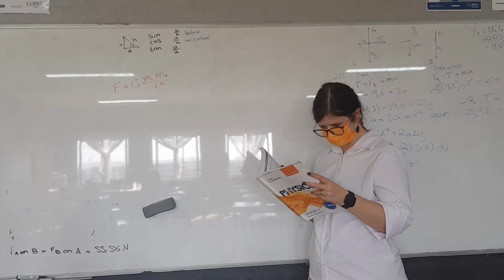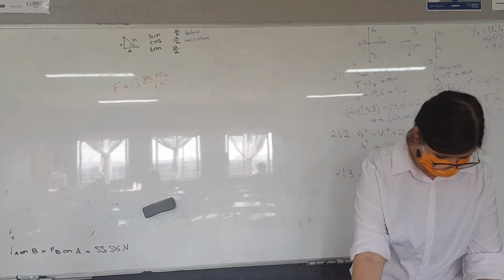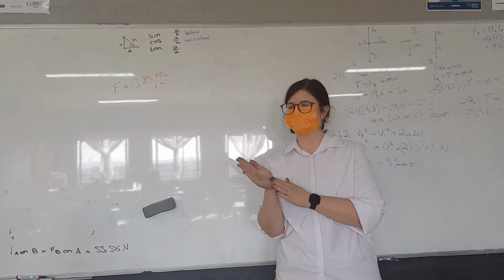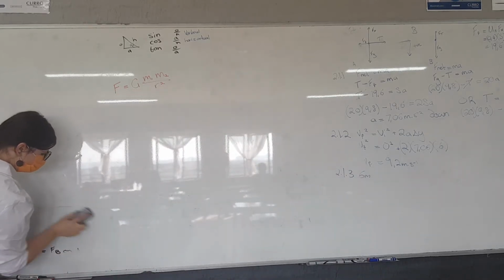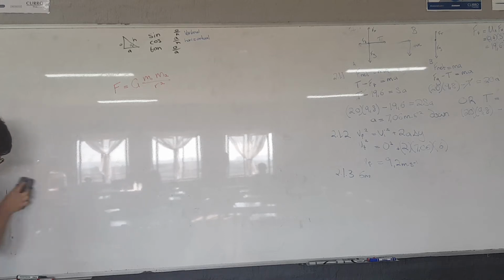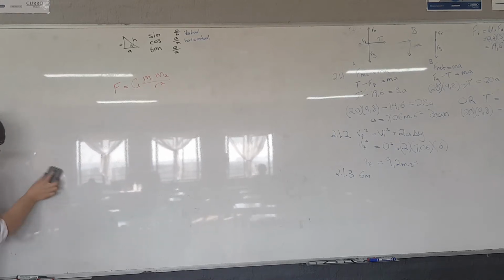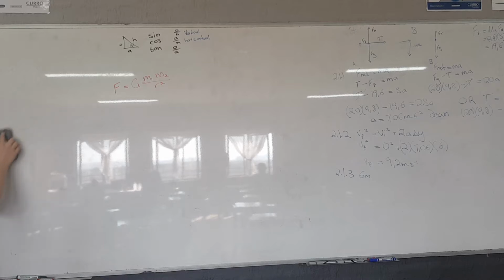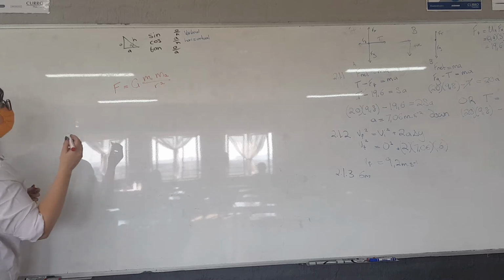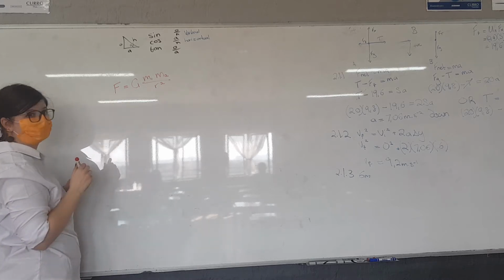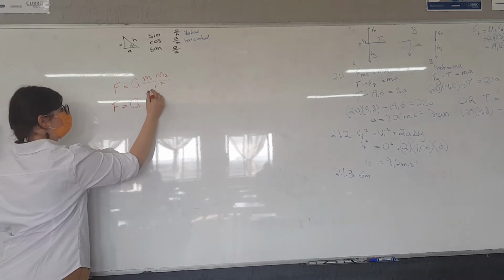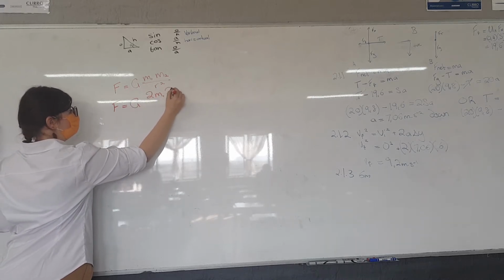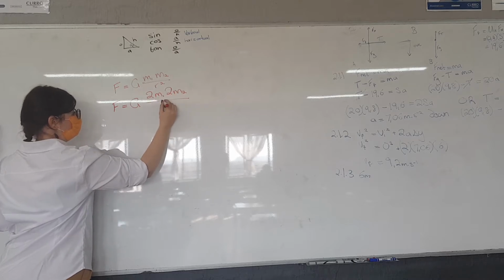Alright, so let's first do the manipulating of equations. Do you guys know how to manipulate an equation? If I have this equation here and I say the mass is doubled, so I double the mass of both planets, then F is equal to G 2m1 2m2 over R squared.